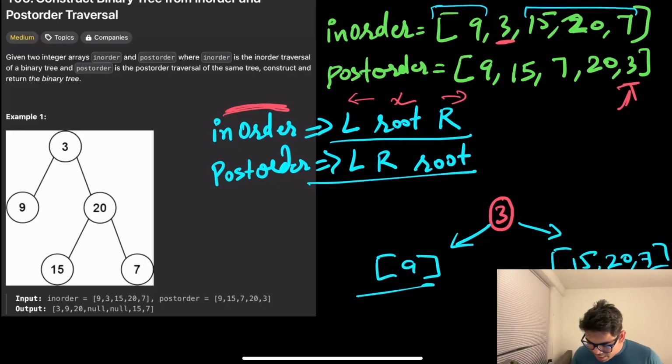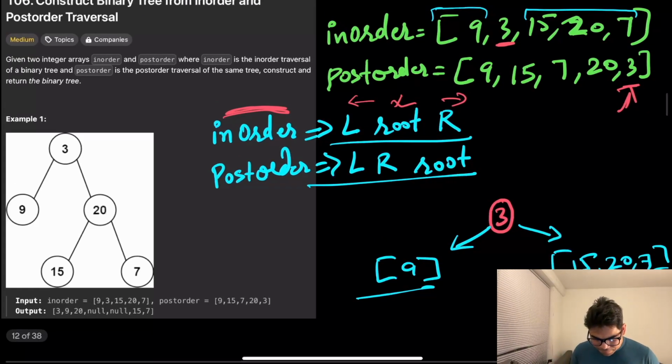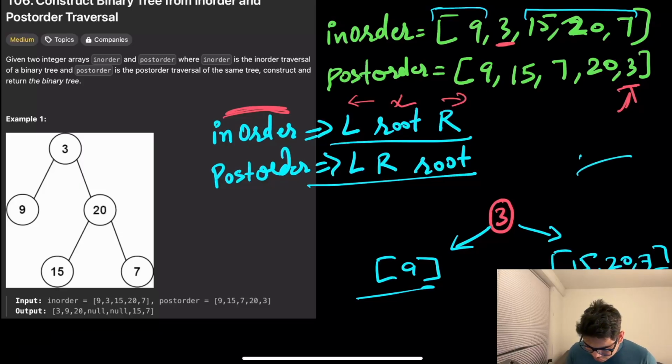Now we haven't created them yet, but just like we have created this root and assigned what is going to be on the left and right of this subtree, can't we just call that same recursive function on this array and this array, given we provide this post-order to both of them?